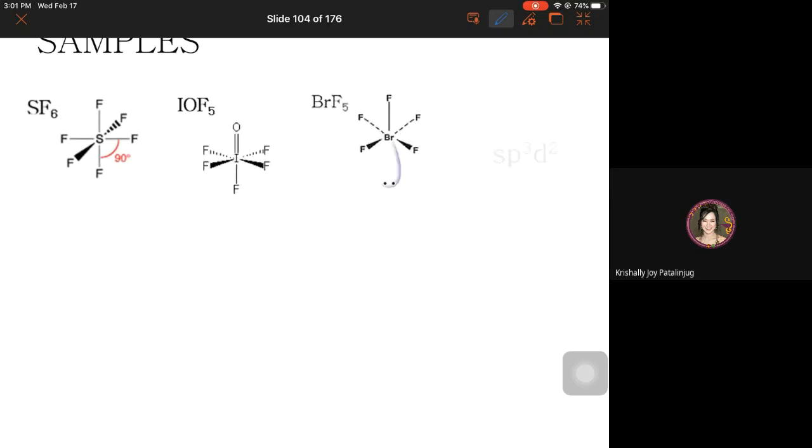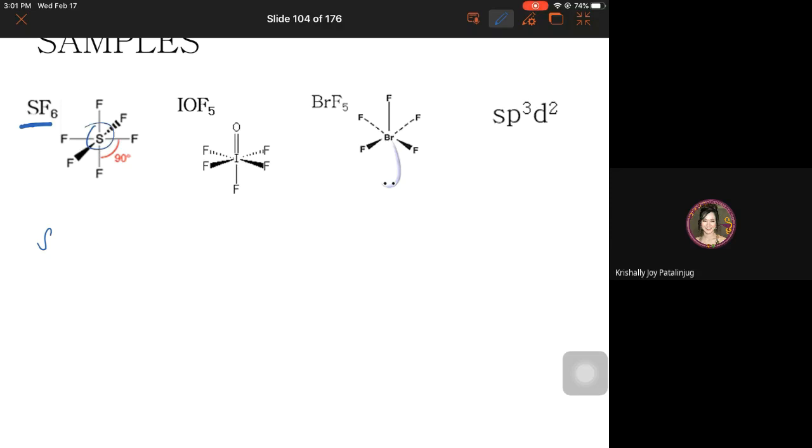And lastly, we have the molecule of sulfur hexafluoride. Let's try to find out. Sulfur is the central atom. How can it form 6 covalent bonds?